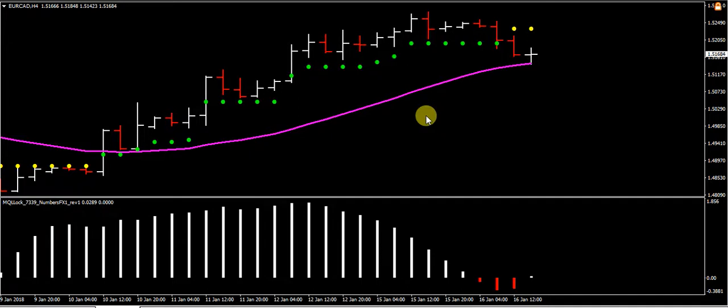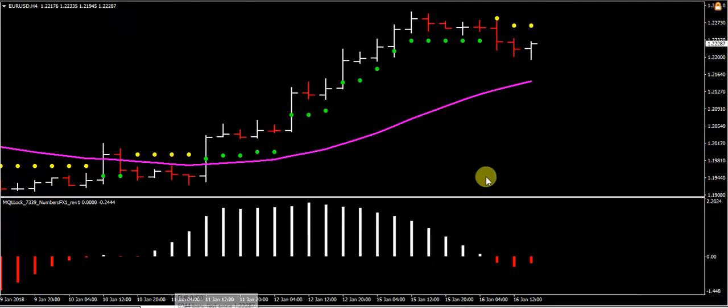Okay, right, so that's looking of interest. That's looking like it could well bounce off that line, that moving average. So we're looking for a green dot there and a white bar here. See if we can get those. Euro USD, again, it's got this uptrend, it could come down here.